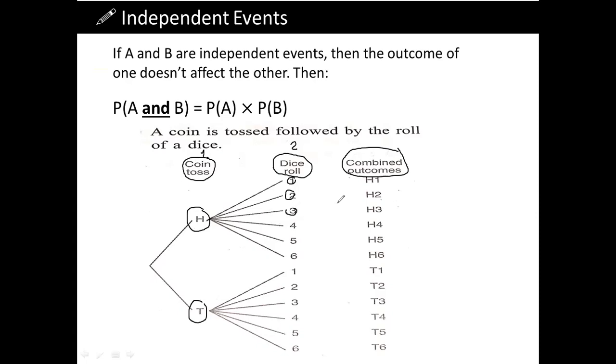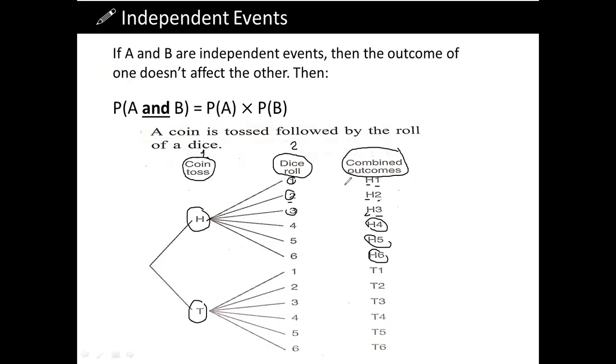So that is why we have these combined outcomes: head and 1, head and 2, head and 3, 4, 5, head and 6. These are the possible outcomes of the 2 events.